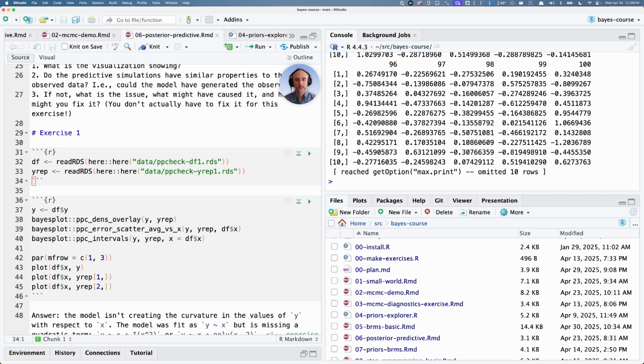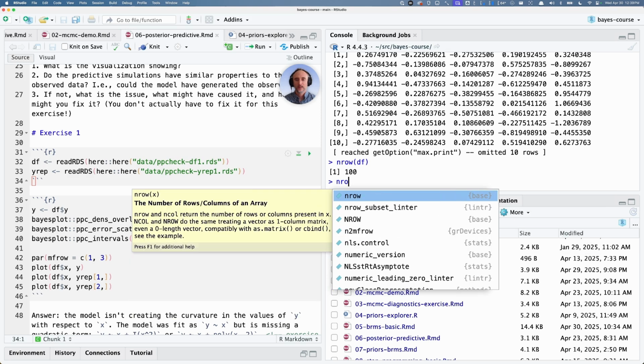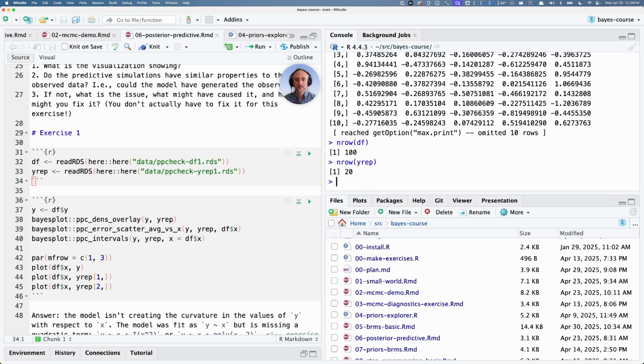And Y rep has 100 columns, and that corresponds to the 100 observations in our original data frame that we fit. And there are 20 rows corresponding to 20 simulations from the posterior.